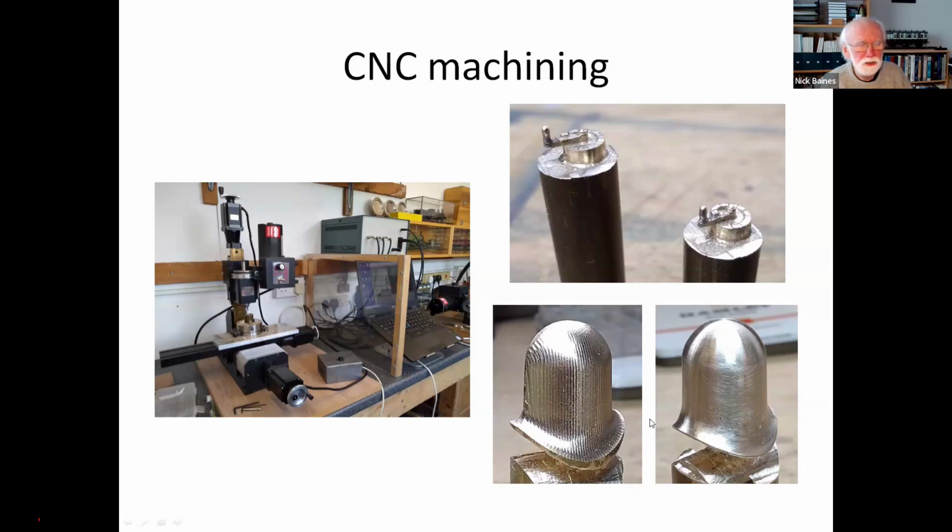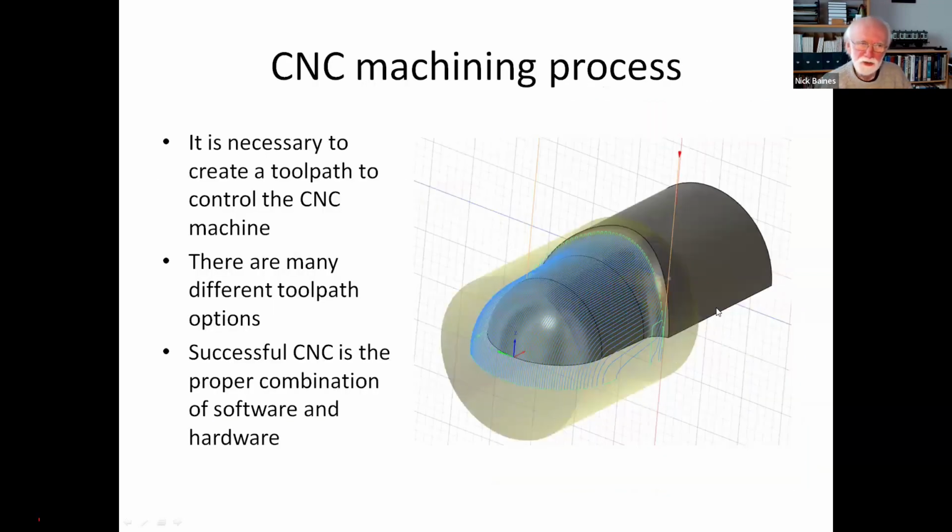And I mentioned pre-processing. This is the dome or half the dome, and the pre-processing is necessary to go from the solid model file to produce a tool path, because with CNC machining, you have to tell the tool the path to follow.